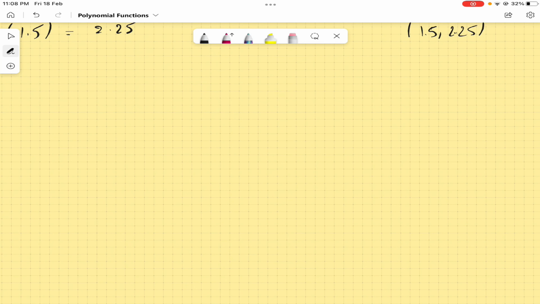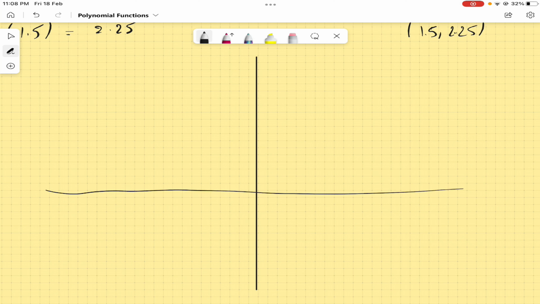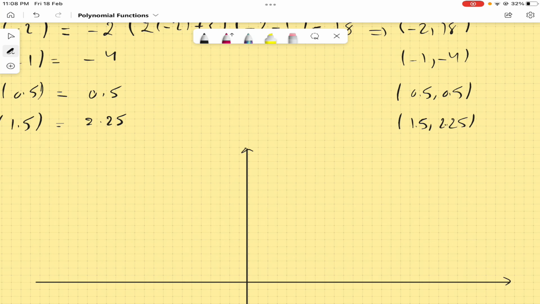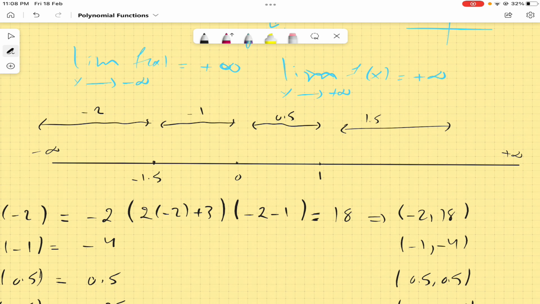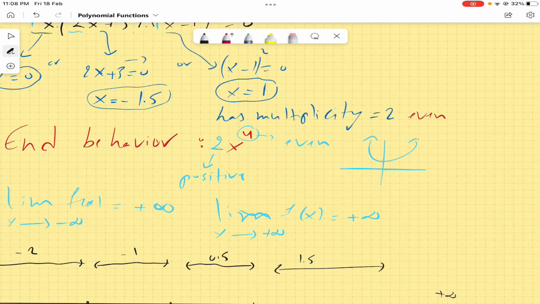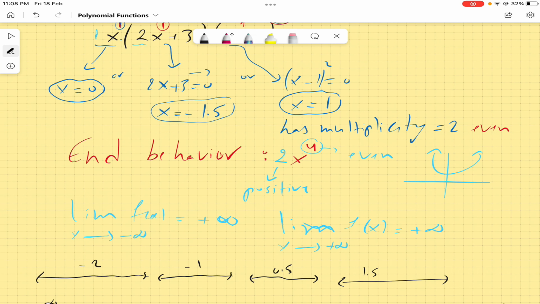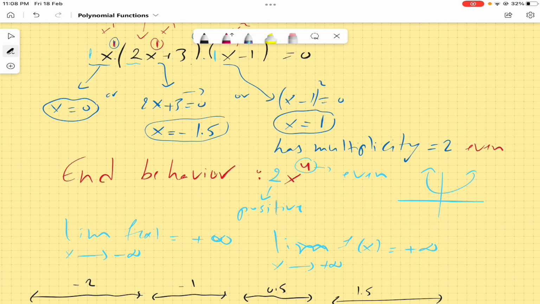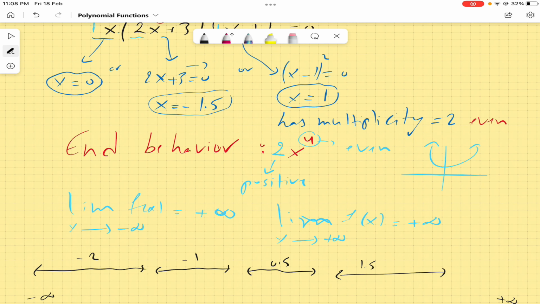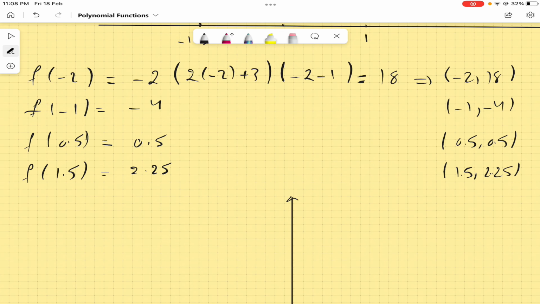The last part is to draw the x and y axes. Okay, the first thing, I'm gonna put the zeros we found at the beginning: 0, negative 1.5, and 1.